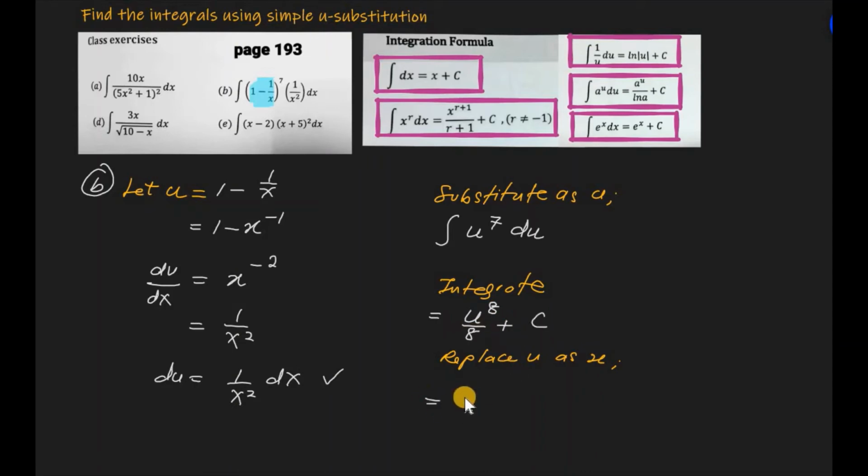And replace back the u as x. Let's put 1 on 8 up front. So we have 1 minus 1 on x, power 8. Don't forget your c. Okay, so that is the method on how to solve this integral.